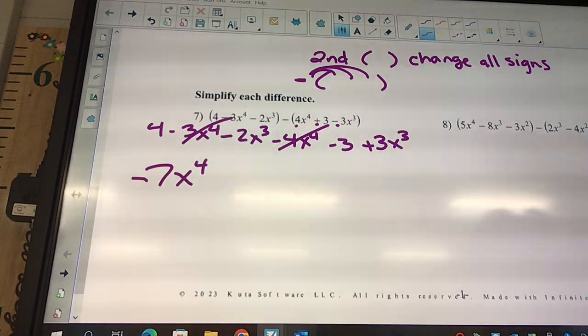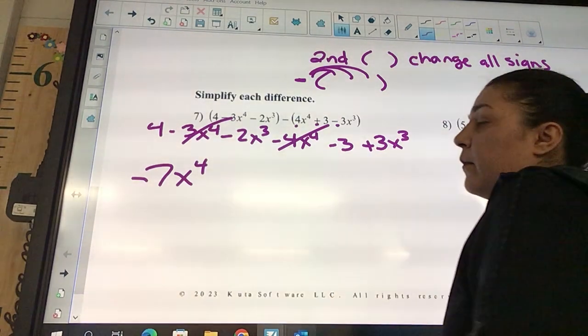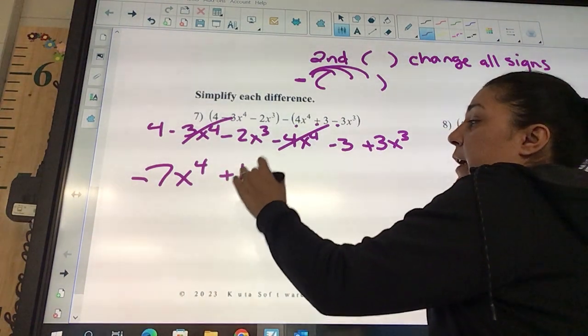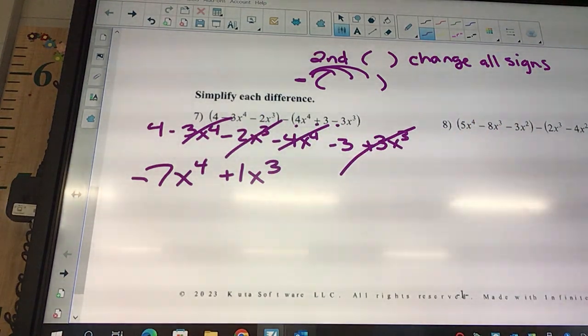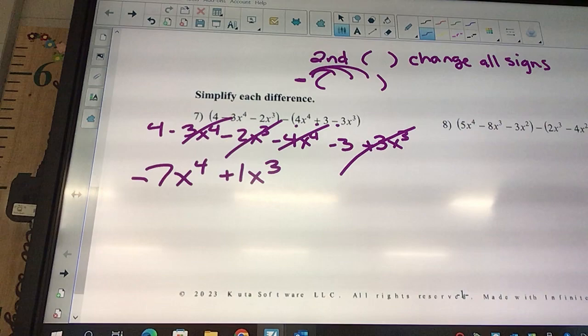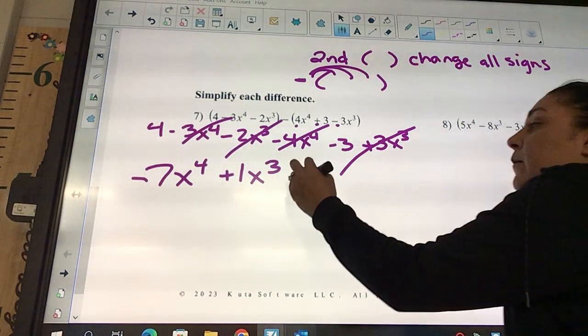What is that going to give me? Positive 1x3. Okay, and then lastly, I can combine what? The 4 and the negative 3 to give me what? Positive 1.